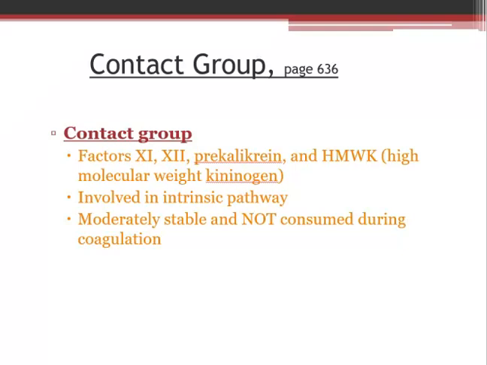The third and final group is the contact group, and it includes factors 11, 12, and precal, which is prekallikrein, and HMWK, which is high molecular weight kininogen. Precal and kininogen are both plasma proteins. These factors are involved in the intrinsic pathway, and these are moderately stable and are not consumed during the coagulation cascade.